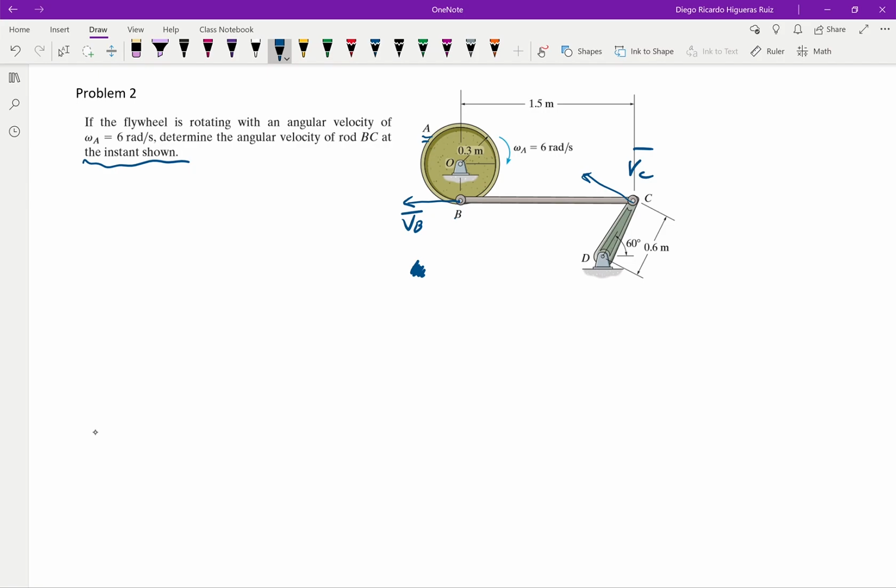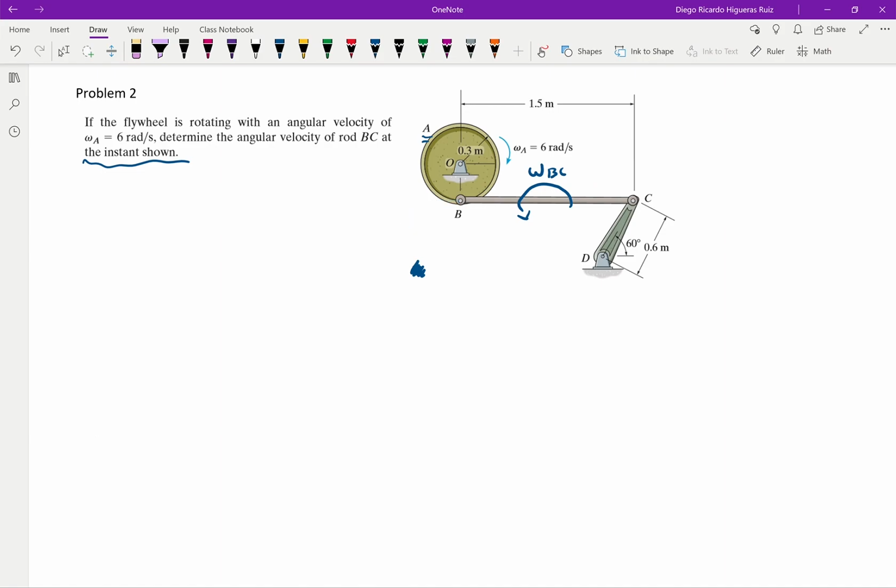So to me, the angular velocity of BC is gonna be counterclockwise. That might be a little bit hard to see, so if you don't see that, that's okay.